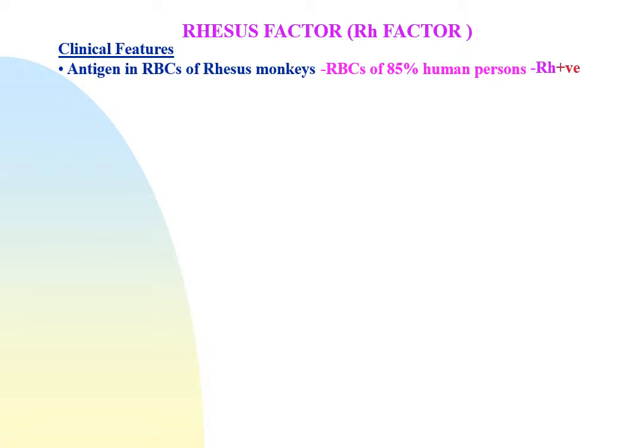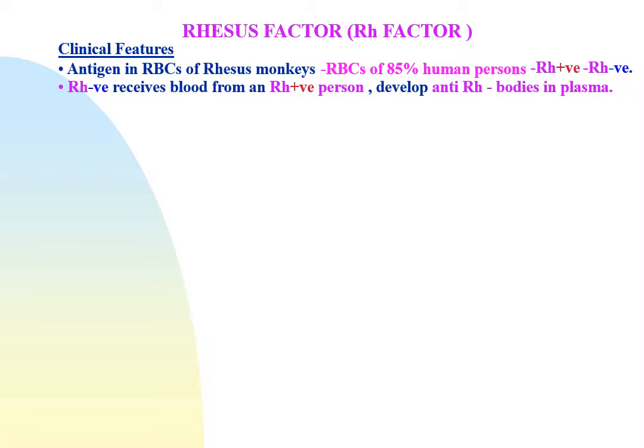Other persons who possess no such antigens are called Rh negative individuals. When an Rh negative person receives blood from an Rh positive person, he will develop anti-Rh bodies in his plasma. This is quite dangerous for the second transfusion of blood from Rh positive persons.